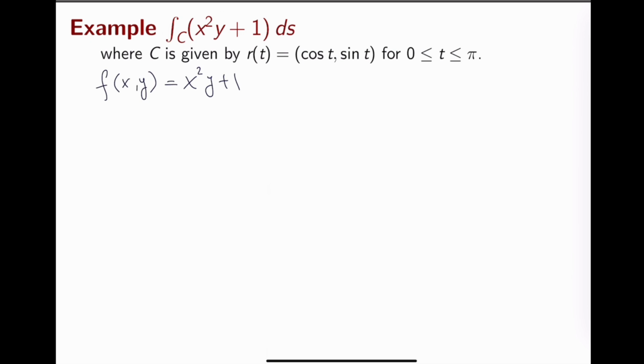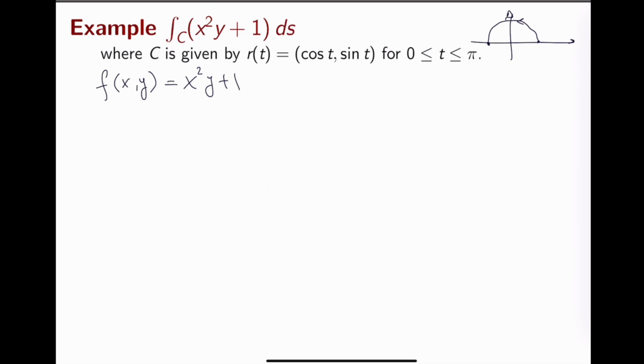And the curve is given already with a parametrization here. This is a circle, a part of the circle where t varies between 0 and pi. If we do a sketch of this curve, this gives half of the circle until here, and traversed in this direction.